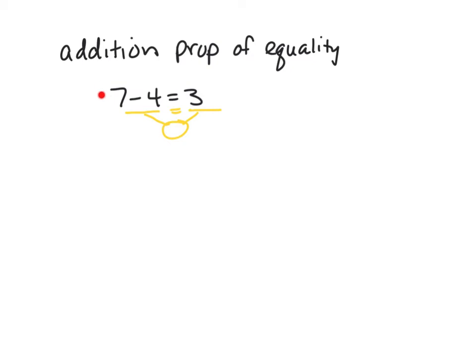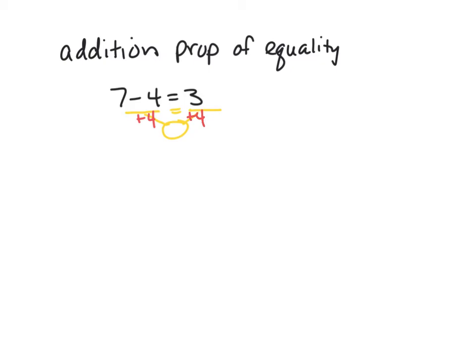So these are the values they use to prove this to you. I have the 7 and I have a minus 4. Well, the inverse of minus 4 is to add 4. So if I add 4 to this side, it will be back at 0 again. And I am allowed to do that because this property says as long as I do that to the other side of the equation to keep things balanced, that's fine.